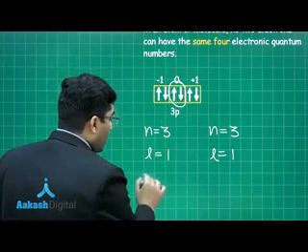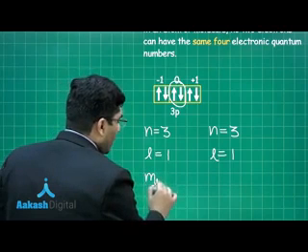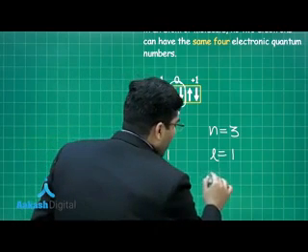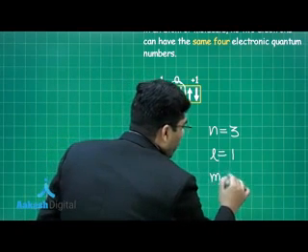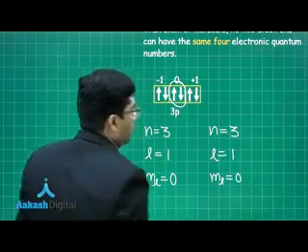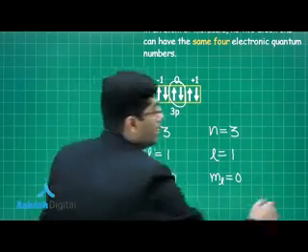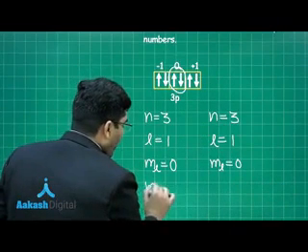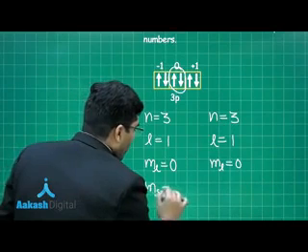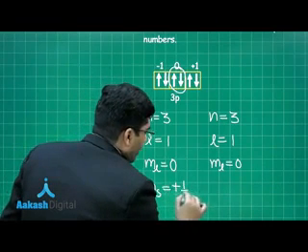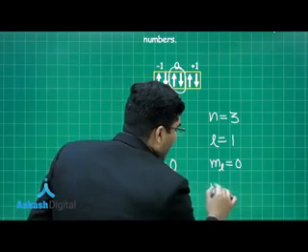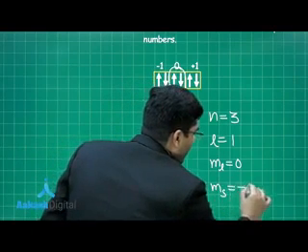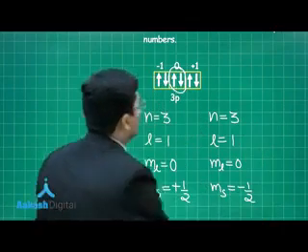And the value of ml will be equal to 0 for the first electron, and the value of ml will be equal to 0 for the second electron also. But as we know that their spin is different, the value of ms will be equal to plus half for the first one, and the ms of the second one will be equal to minus half, right?